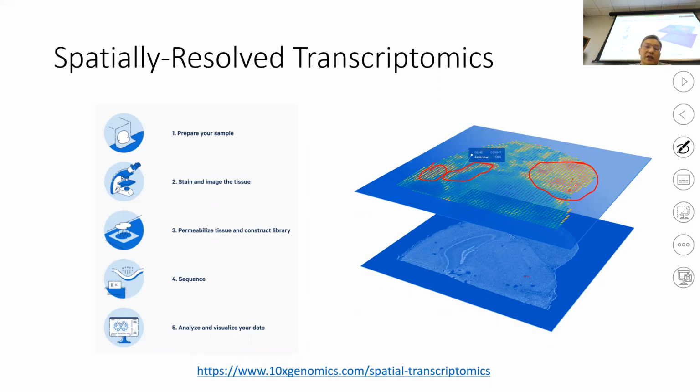So this ST, spatial transcriptome, we will not cover in this lecture series, but it's getting very, very popular in the last 2 years, and many methods have been developed to analyze this type of data.